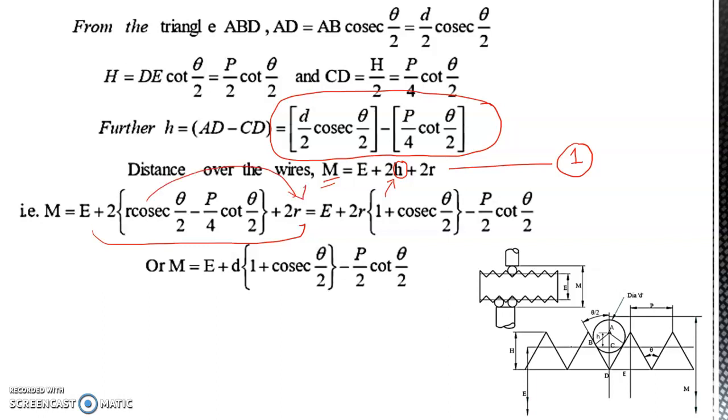Here also a 2r term is there, so that will be reduced to this form, 2r into 1 plus cosec theta by 2, and the remaining portion, p by 4 cot theta by 2, is written over here. Then a slight modification has been done: this 2r is replaced with d, and this will be the final equation for m. This is our equation number 2.